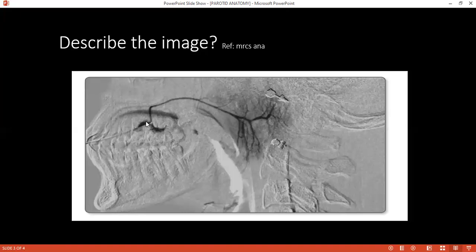This is the first and this is the second. That's where it's opening. Anyway, what are the differential diagnoses of parotid gland swelling? What structures will you think of?